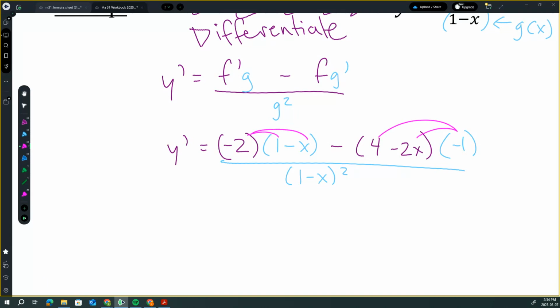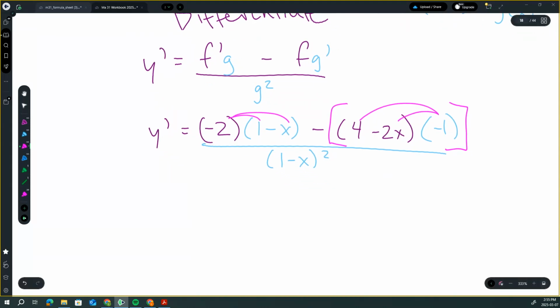Distribute our monomials through, and you know what I'm going to do, just because the second term's a little bit more complicated, I'm going to put the second term in square brackets to remind myself to distribute the negative afterwards, because I'm going to get more than one term for that second part there in the numerator.